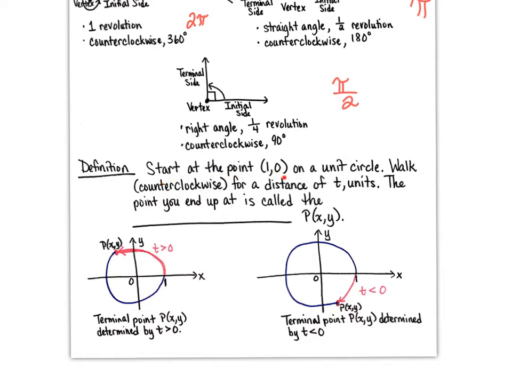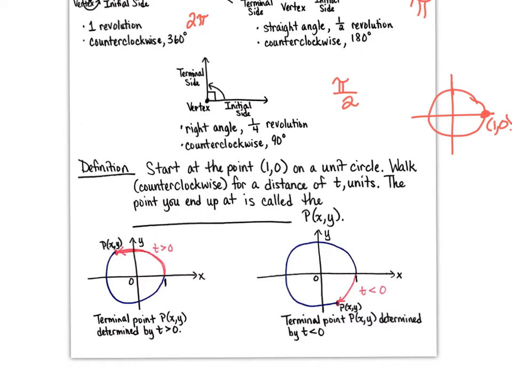So a definition here. Start at the point (1, 0) on a unit circle. Where's the point (1, 0)? If I draw a unit circle, where's the point (1, 0)? To the right, 1. Here, that's (1, 0). Good. Okay, so start at the point (1, 0) on a unit circle.